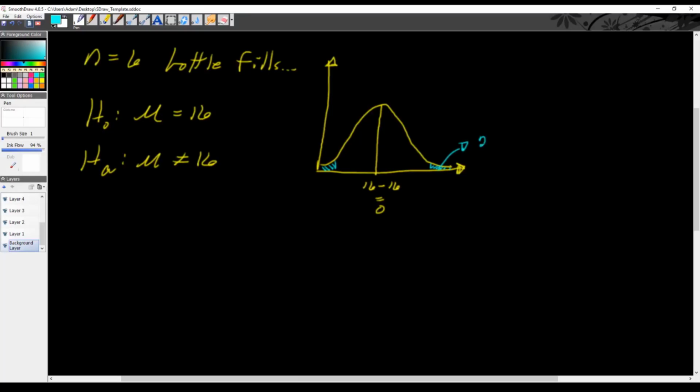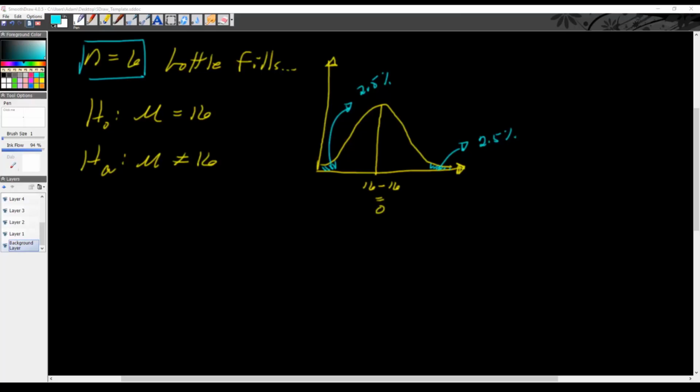So we're going to put 2.5% in the left tail, and we're going to put 2.5% in the right tail. We know that n is equal to 6. So if n is equal to 6, what is the critical t-value? Well, let me open up my t-table and we'll check it out.